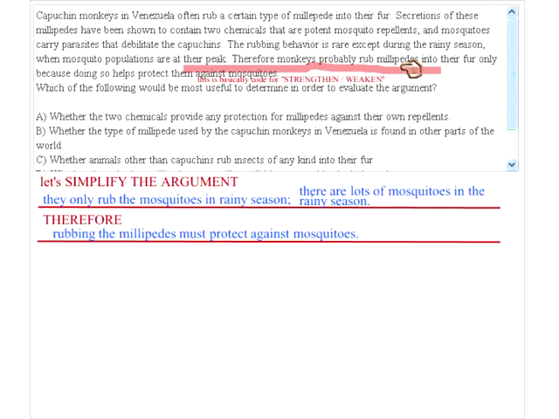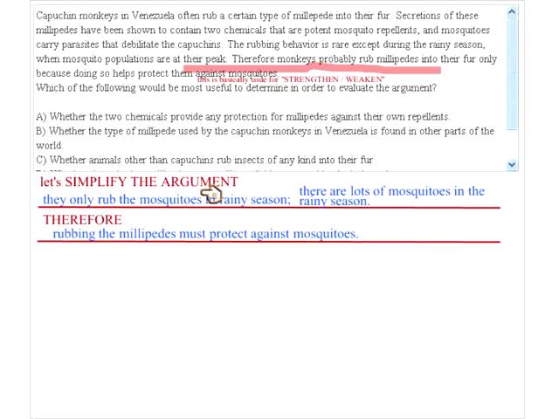Okay. I want to comment on a couple of these simplified arguments. A couple of you are going a little bit too far. One of you, as a premise, put capuchins use millipedes to repel parasites.